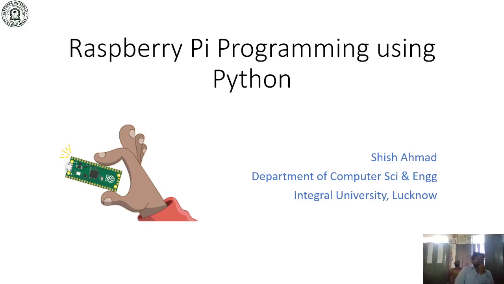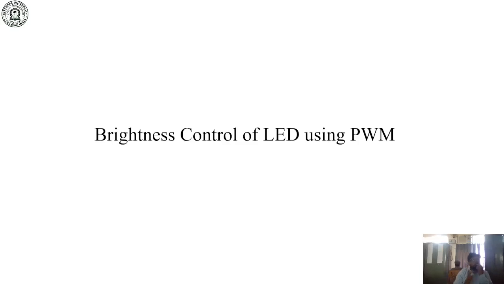Now in this lecture we are going to see how to control the brightness of the LED using PWM. PWM is pulse width modulation.